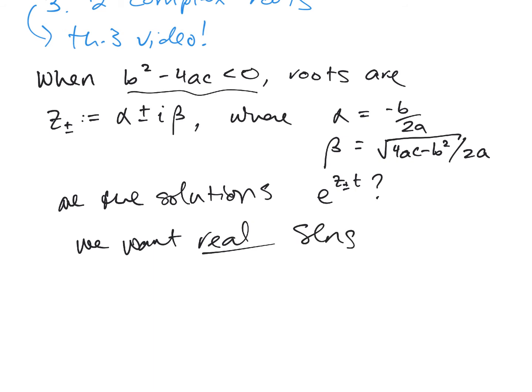So what we're going to do now is work out from this idea how we can use that to try to find some real solutions. So now we're going to do a little bit of complex analysis to work out how to do this. You may have seen this before, but if not, that's okay.